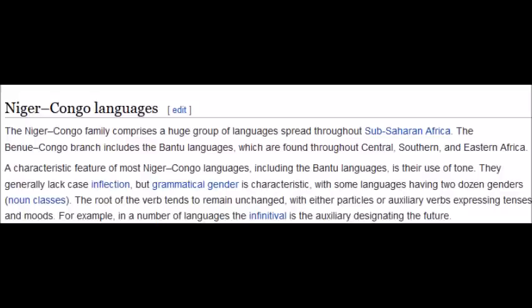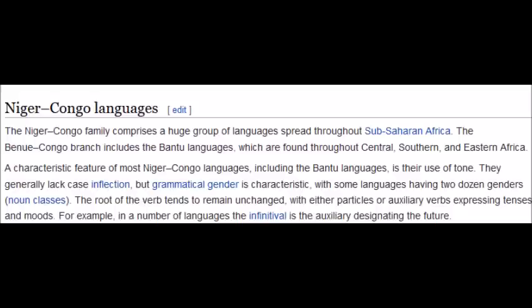But grammatical gender is characteristic, with some languages having 24 genders. The root of the verb tends to remain unchanged, with either particles or auxiliary verbs expressing tenses and moods. For example, in a number of languages, the infinitival is the auxiliary designating the future. Okay, cool deal. Moving right along.